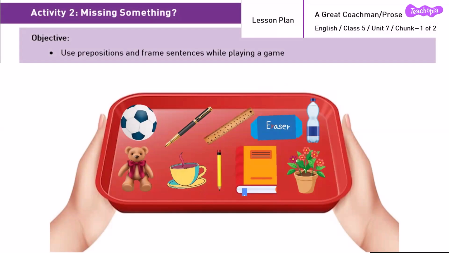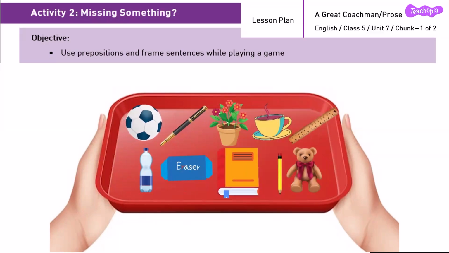You can have a tray of objects that you can present before the children. On the tray, you can arrange all the objects in a particular manner in rows so that it's easy for you to later use it for the activity on prepositions.